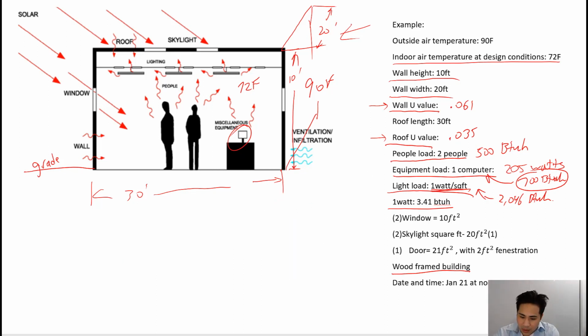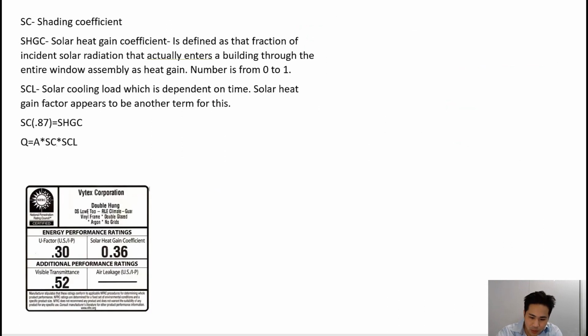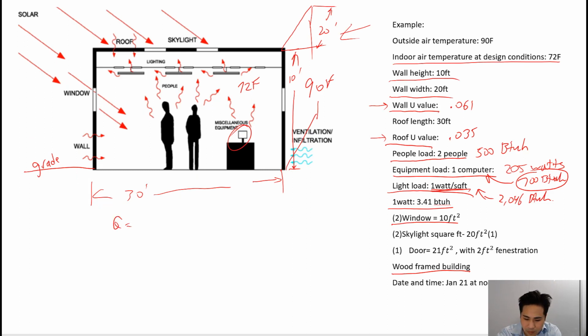Okay, now we need to calculate the heat transfer through the 2 windows at 10 square feet each. To do that, we go back to the general formula right here, which is Q equals A times SC times SCL.